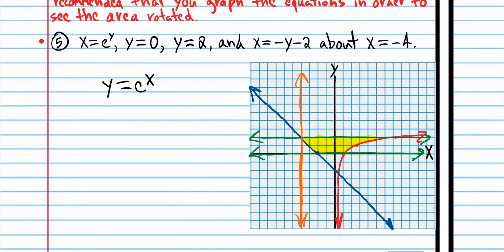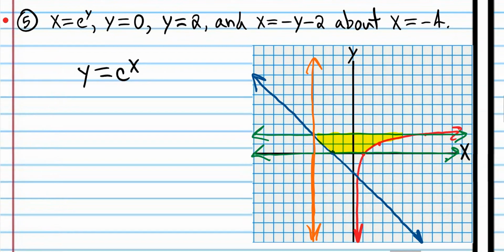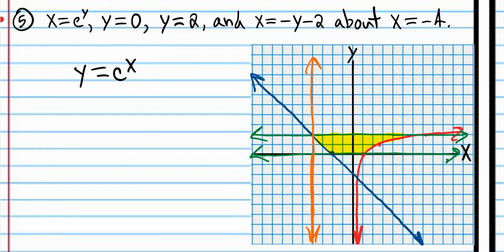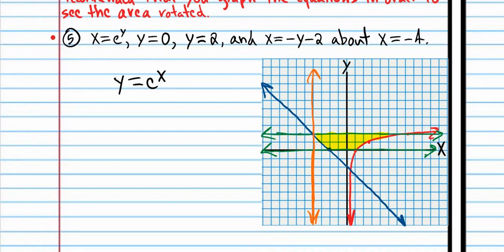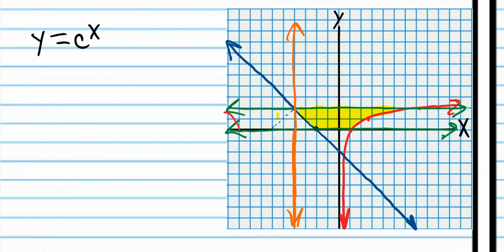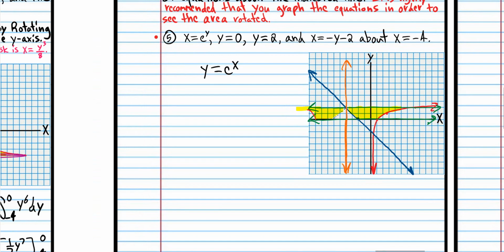And if we rotate about that line, x equals -4, I don't know if we're going to be able to fit this on the page. Probably not, but it's going to be somewhere over here. It's going to look something like that.